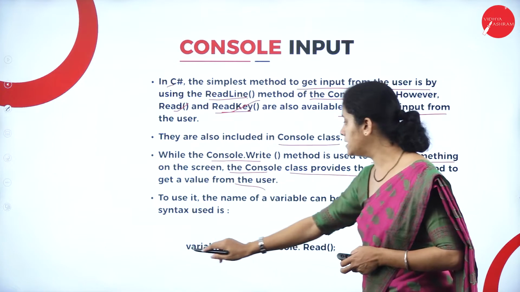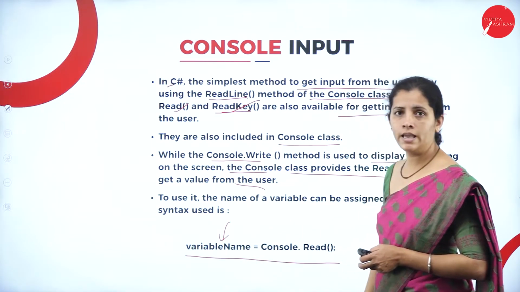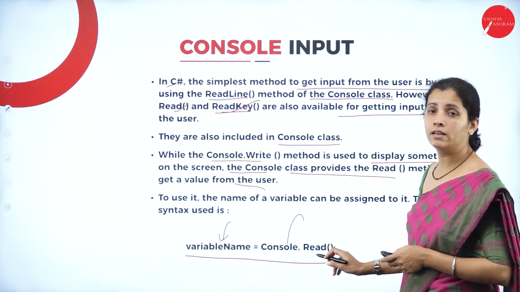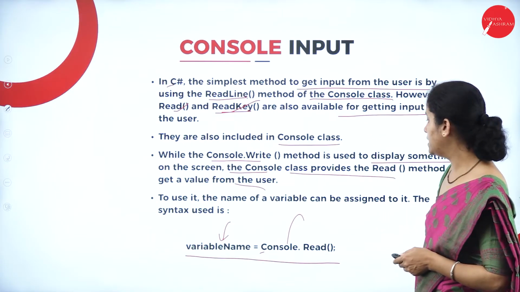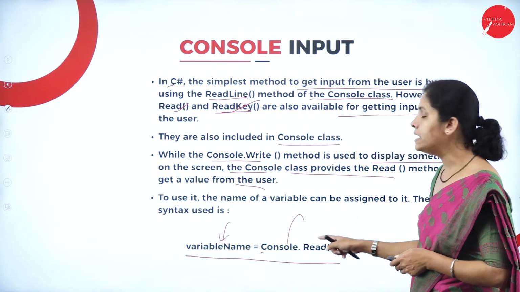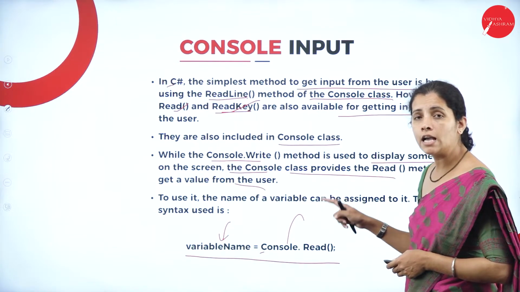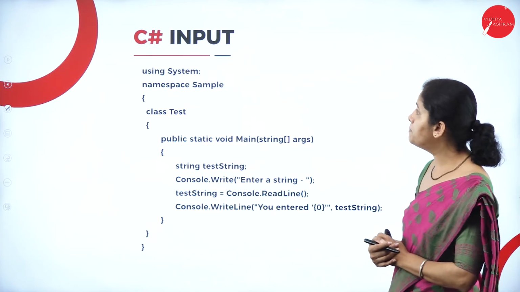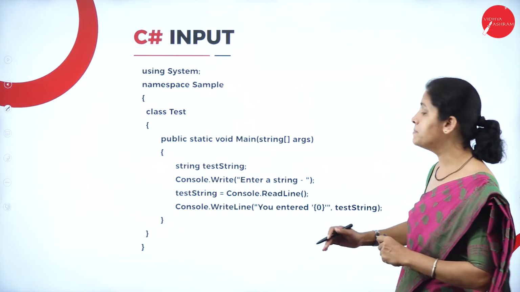And what is the syntax? That is, I want to specify the variable name equal to Console.Read. See here, in my Console C is a capital letter and in my Read R is a capital letter, because C# programming is case sensitive.